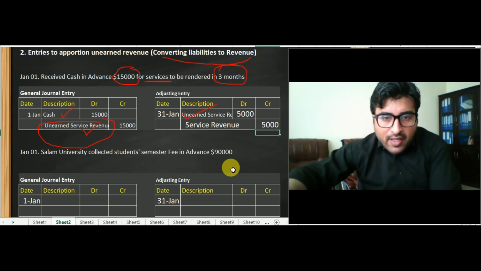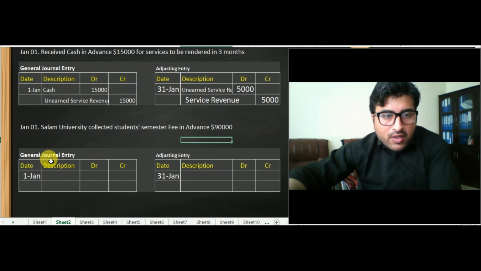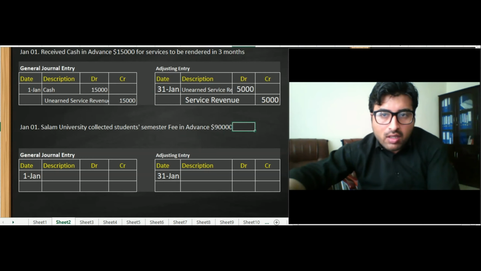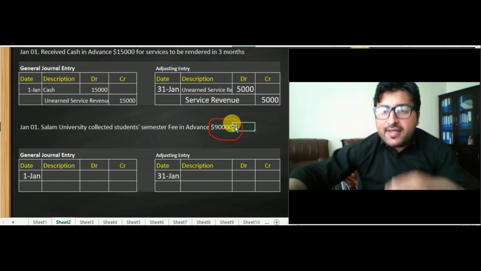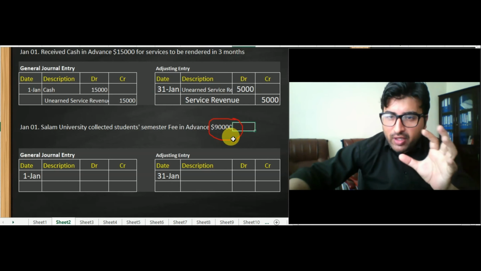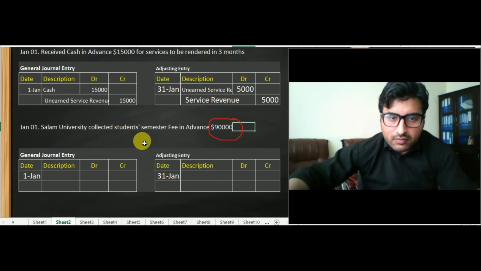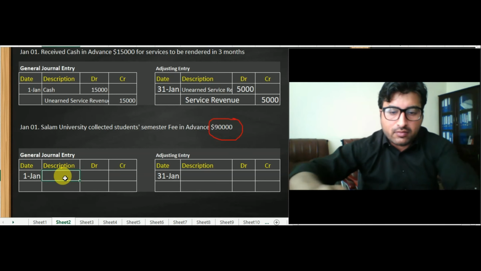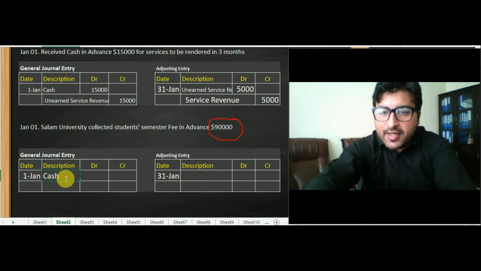Now we have another example here, and that is about January 1st, when Salam University collected students' semester fee in advance, $90,000. So look here, Salam University is collecting the student fee, right? The student fee is a revenue for Salam University, okay? Now Salam University should debit what? Cash. Because the cash account is increasing.